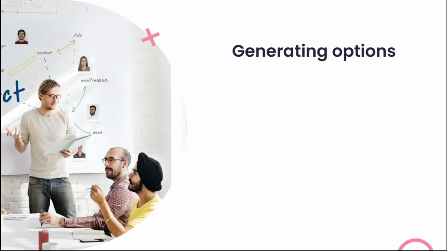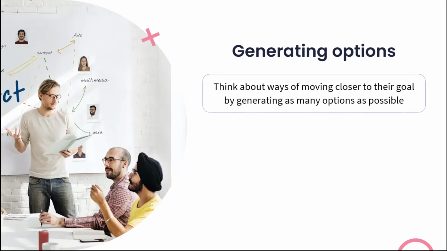Let's look at the first, generating options. At this point, the coachee should be encouraged to think about ways of moving closer to their goal by generating as many options as possible. Tools and techniques for helping the coachee to think creatively are discussed also in later lessons.